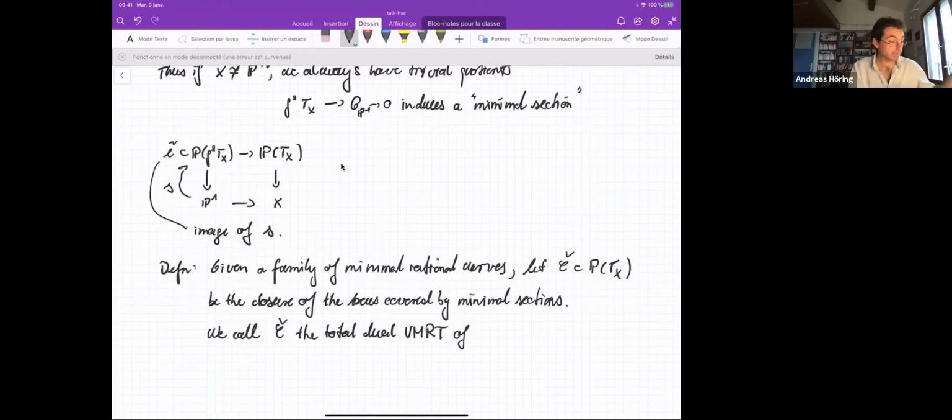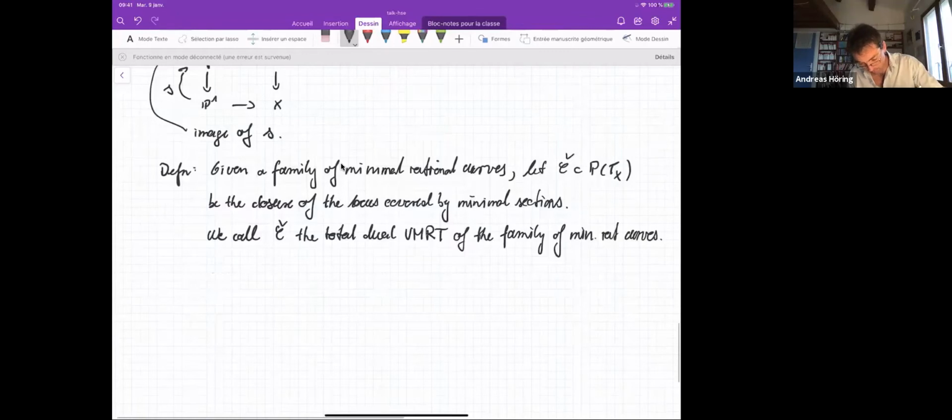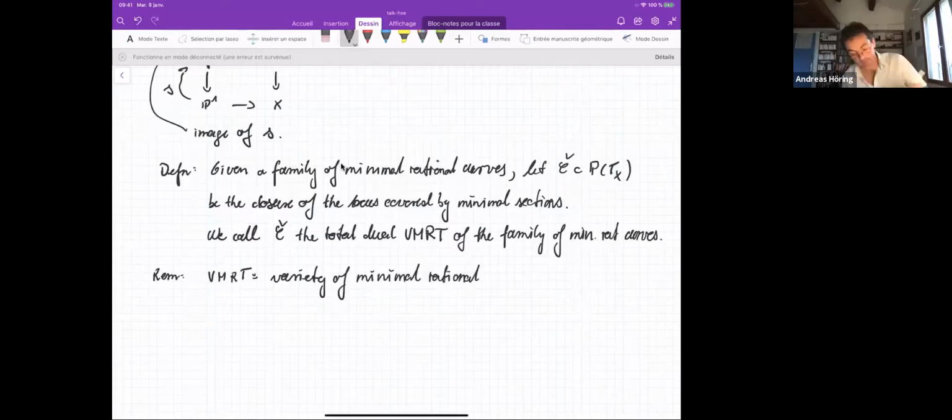Okay, so that's the definition. And now let me make some remarks. What does this mean, VMRT? VMRT is the variety of minimal rational tangents, and this is a subvariety of the projectivized cotangent bundle.